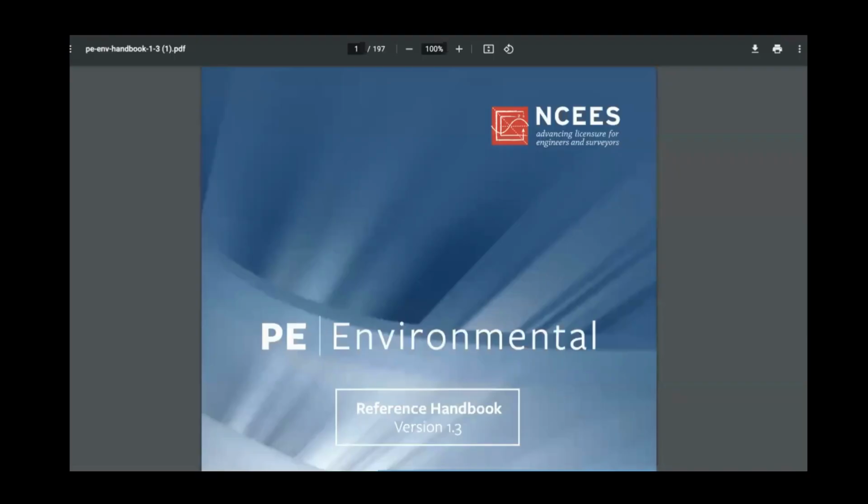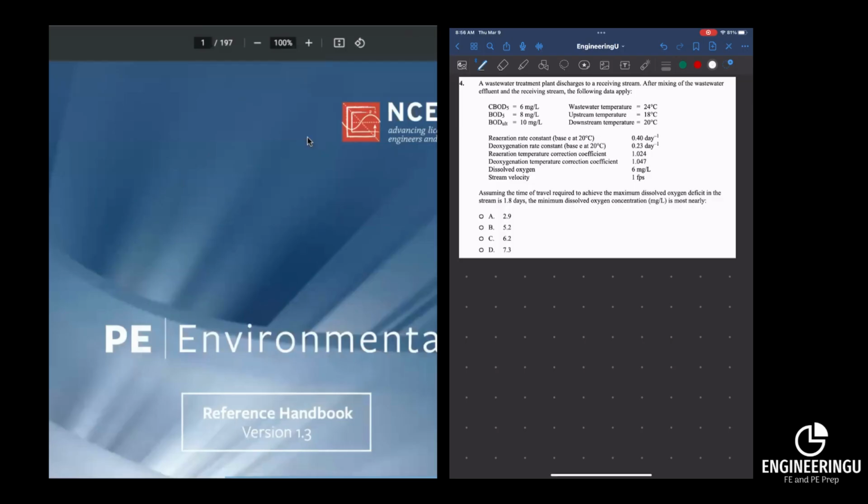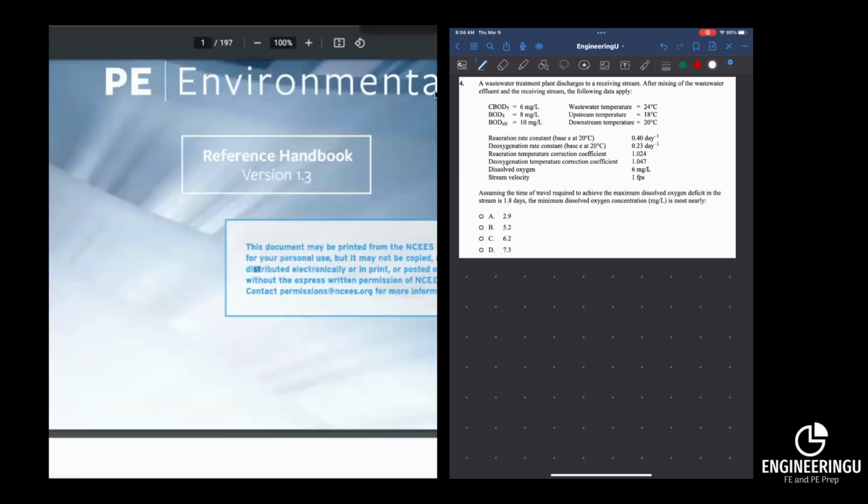So the first thing that we'll do here is we see that it's a receiving stream in wastewater. So we'll look up the Streeter-Phelps equation.